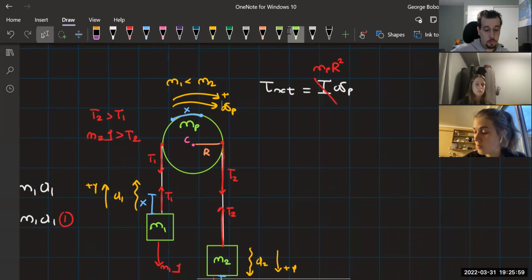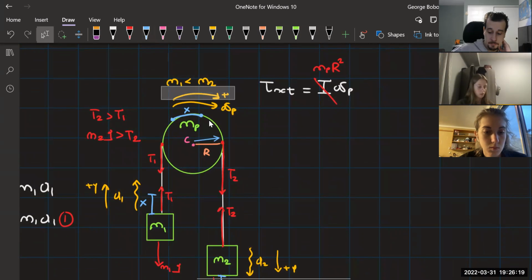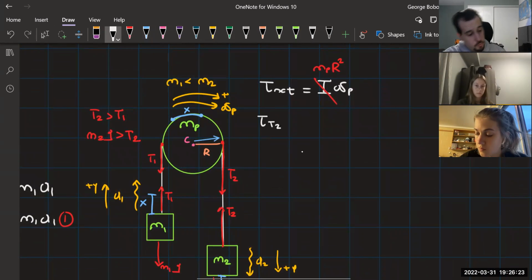We can draw an arrow to prove that if we want. From the center to T2, this is our R vector. T2 tries to spin this vector which direction right now? Clockwise. And that direction is positive.